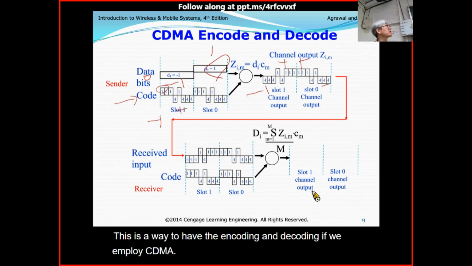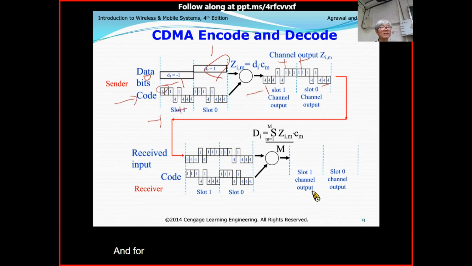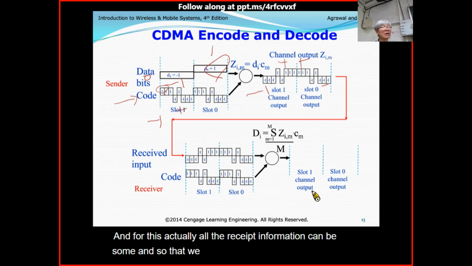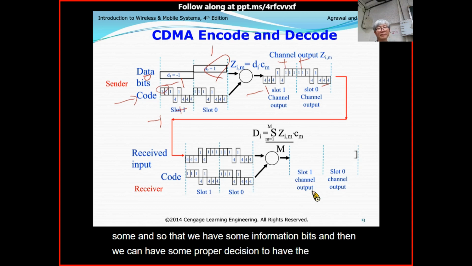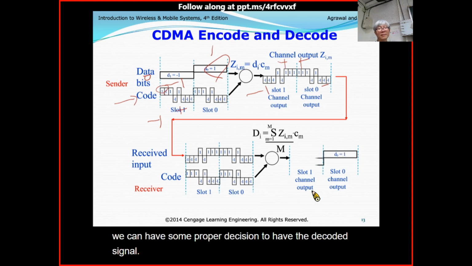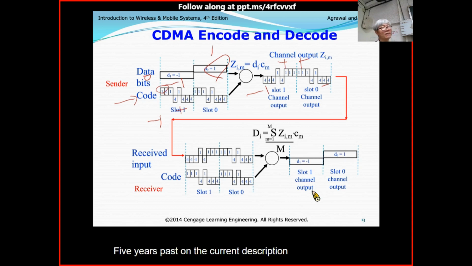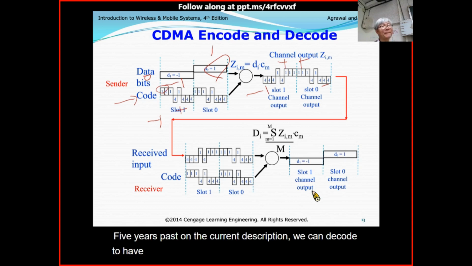And for this, actually, all the received information can be summed, so that we have the sum information bits, and then we can make a proper decision to have the decoded signal. Finally, based on the current description, we can decode to have minus 1 and positive 1.